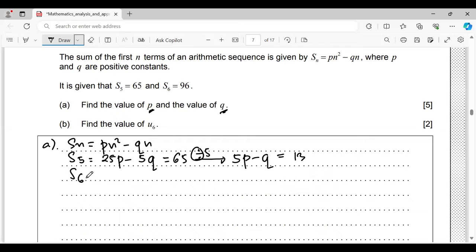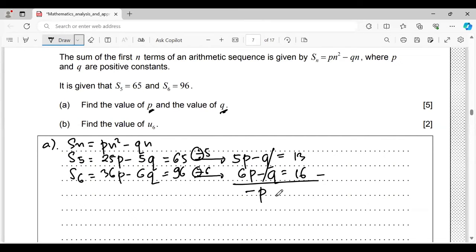Next, S6, it is 36p minus 6q equals 96. Divided by 6 is 6p minus q equals 16. Next, subtract to eliminate q, so it becomes minus p equals minus 3. So p equals 3.